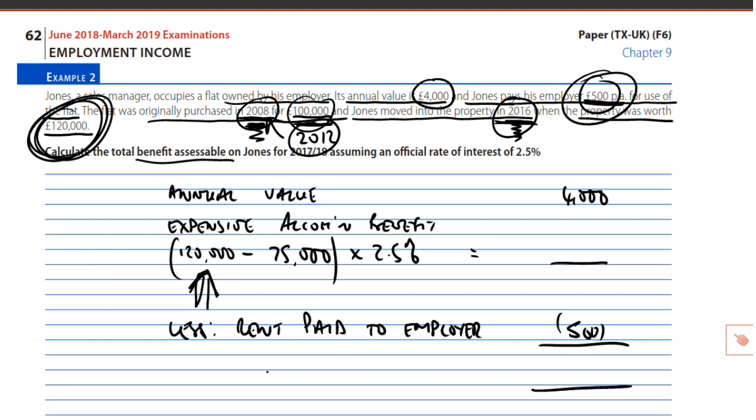That is to be deducted, and then you would have your assessable, your taxable benefit, and that figure would be added into any salary and any other benefits there that were assessable in determining the employment income for the taxpayer for our 2017-18 tax year. Now again, you can work that calculation through, check that out please with the answer in the back, and make sure that you are happy with it.